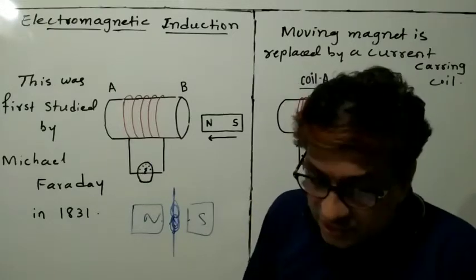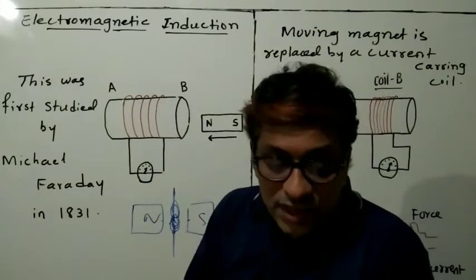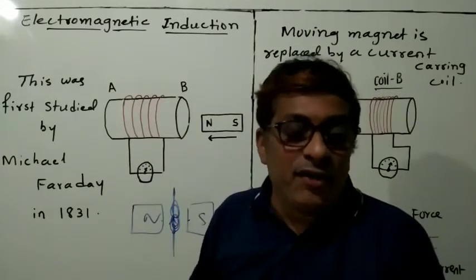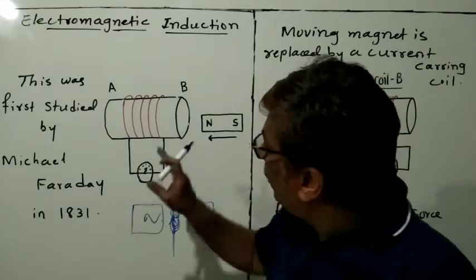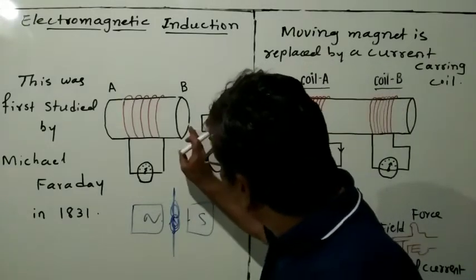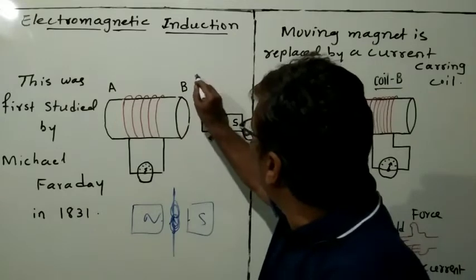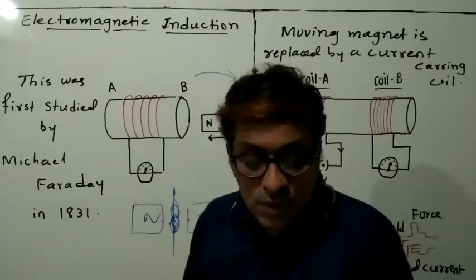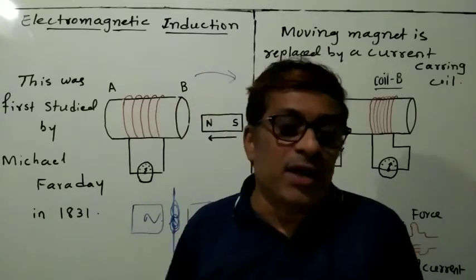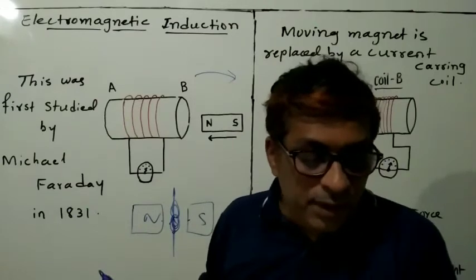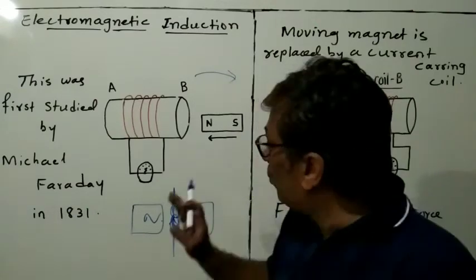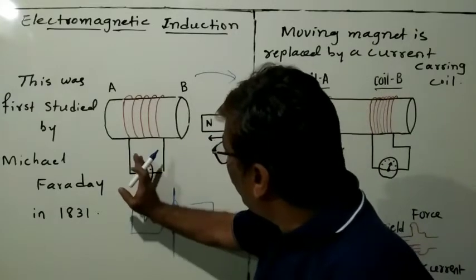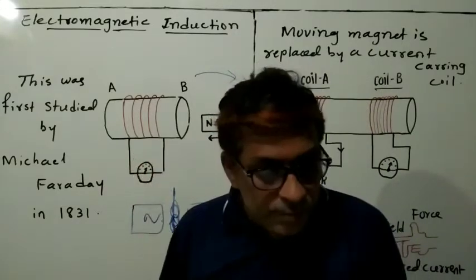Now you will see that there is a momentary deflection in the needle of the galvanometer, say to the right. This indicates the presence of current in the coil AB. The deflection becomes zero when the magnet stops moving; the galvanometer shows zero reading.